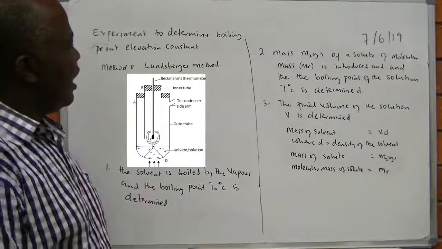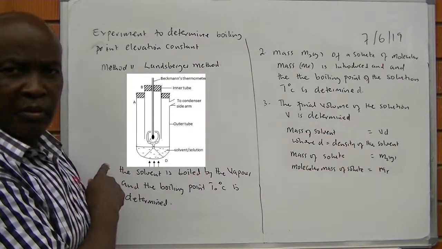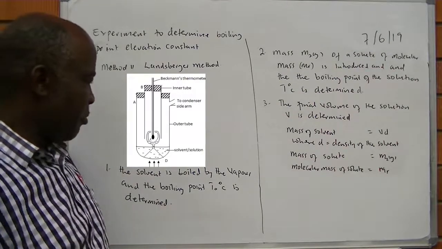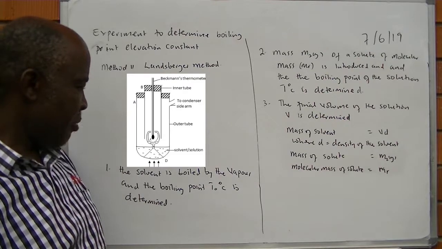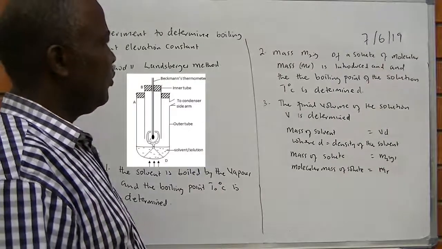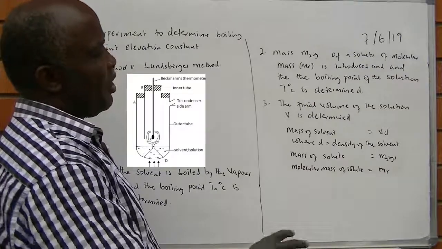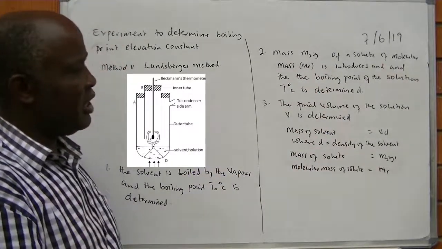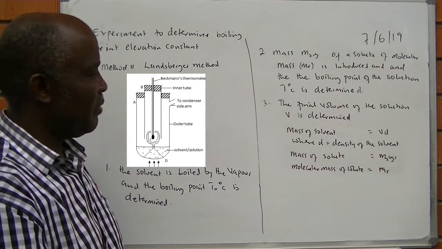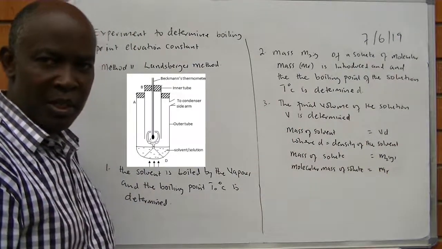Method 2, the Landsberger method. The setup is as shown. One, the solvent is boiled by the vapor and the boiling point T0 is determined. Two, mass M2 grams of a solute of molecular mass Mr is introduced and the boiling point of the solution T is determined. The final volume V is determined.